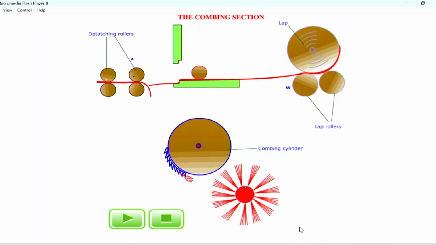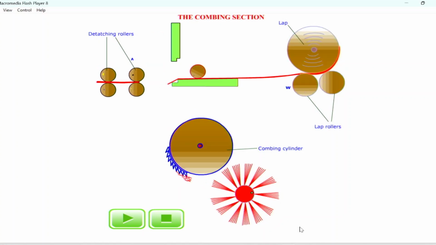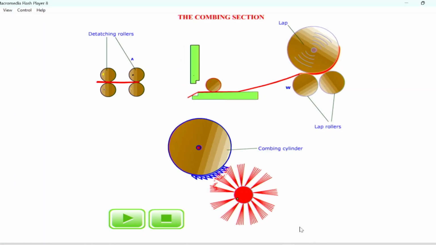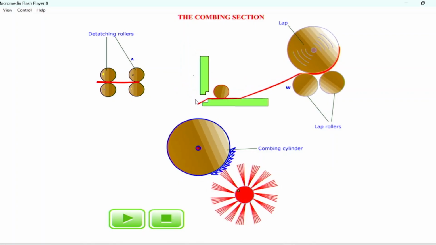Now, during the forward motion of the detaching roller, the top comb will comb the trailing portion of the fringe.